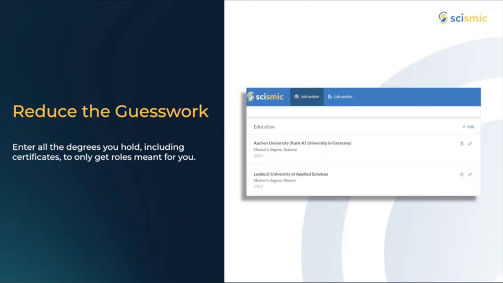This is also why, if you are currently in a PhD program and you don't anticipate that you're going to be job searching until you graduate, enter your PhD in the education section. I know that can be kind of difficult for us mentally to add when we don't technically have it yet.